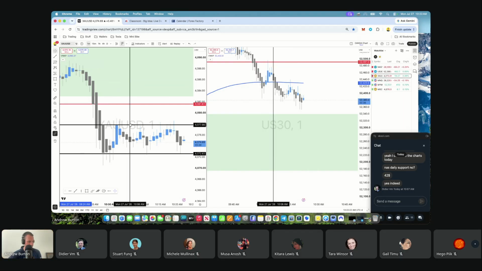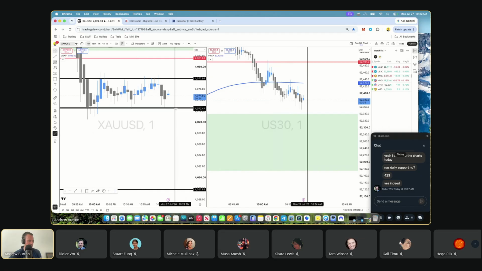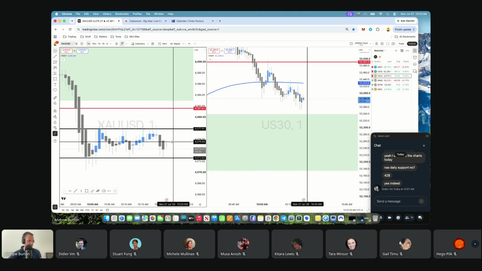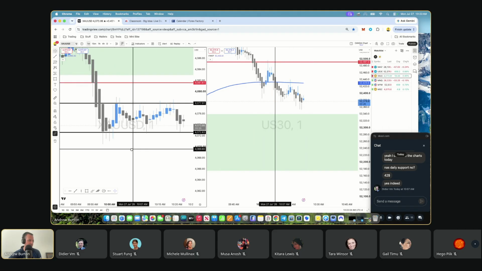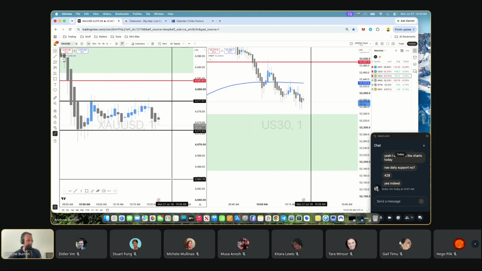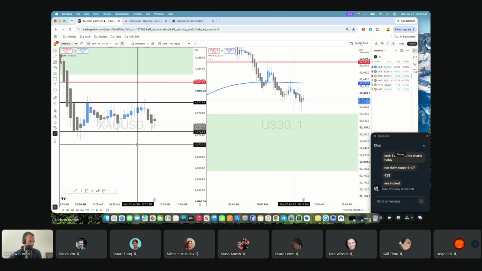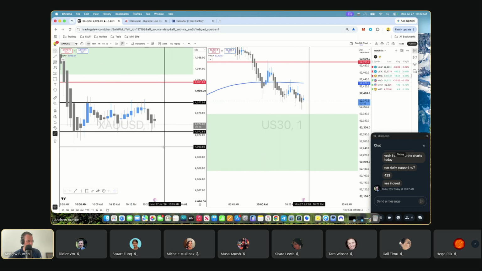Like, that's more along the lines of what I teach in the course, is you find your range and then you play the trade with the break of that range, right? Because it's a really, really clear way of finding a trade: you just find the range and then you play the break of the range. Okay. You can either play it as the wick, so you get in when it breaks it. That's kind of a more risky way to do it.